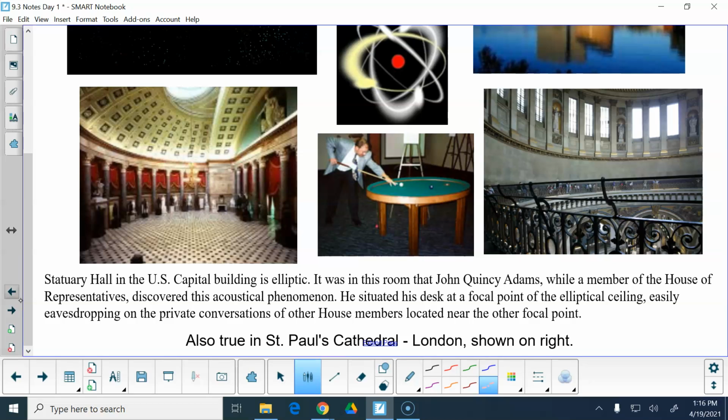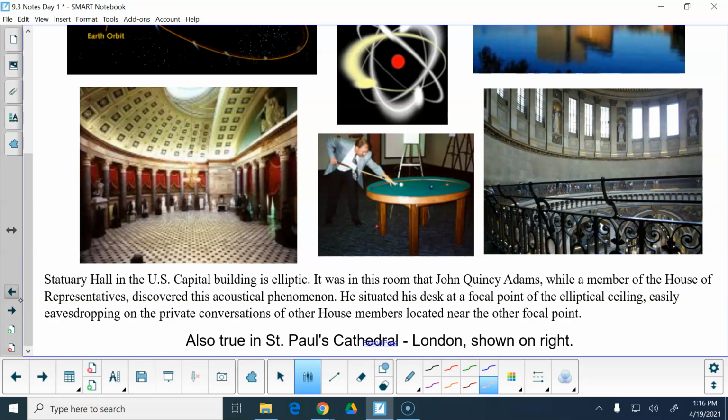And John Quincy Adams found that when he was a member of the House of Representatives, way back long ago, he discovered an acoustical phenomenon, and that was if he was standing at one of the foci, he could hear all of the conversations going on at the other foci. Because of the way the sound waves bounce off of the walls and the ceiling. Okay? It works out.